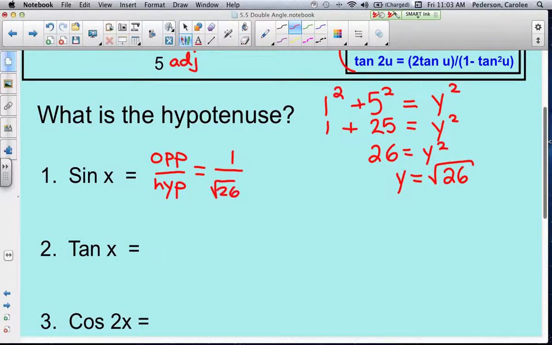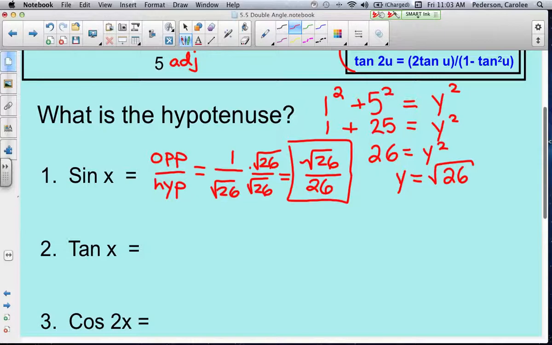Remember, we don't want you to leave a denominator with a radical, so we rationalize it. So we multiply the numerator and the denominator by the square root of 26. Now let's go ahead and multiply across. 1 times the square root of 26 is square root of 26. And then square root of 26 times the square root of 26 is 26.